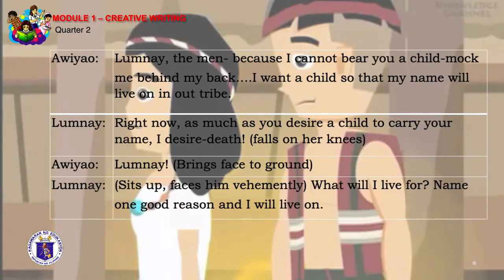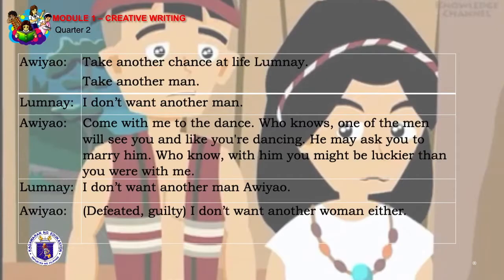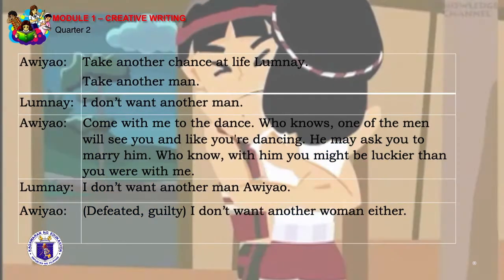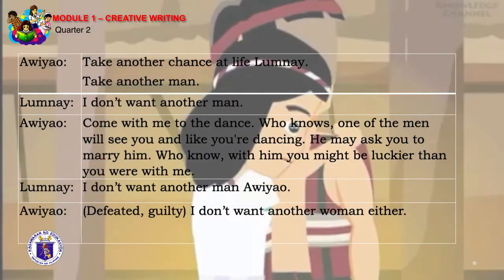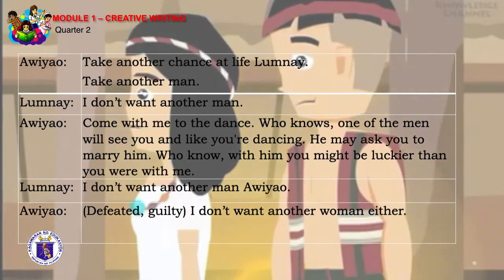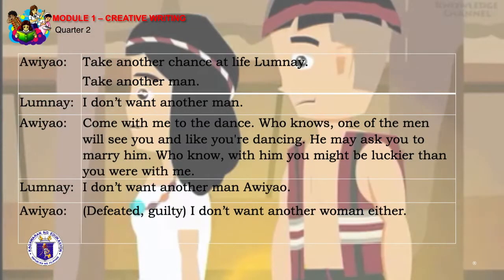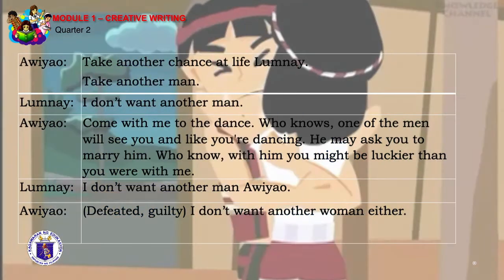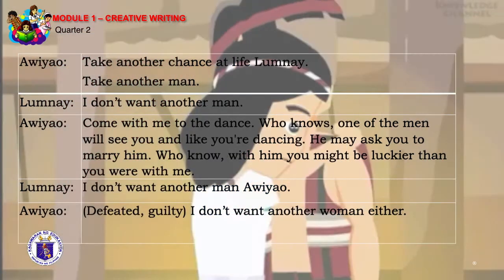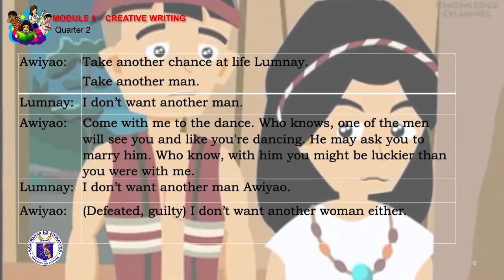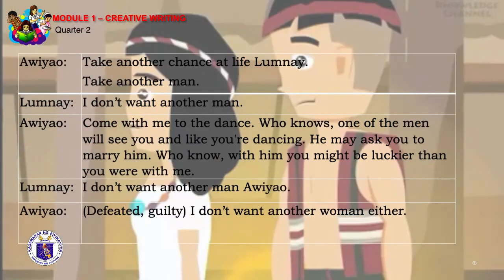Name one good reason and I will live on. Take another chance at life, Lumnay. Take another man. I don't want another man. Come with me to the dance. Who knows, one of the men will see you and like your dancing. He may ask you to marry him. Who knows, with him you might be luckier than you were with me. I don't want another man, Awiyao. I don't want another woman either.